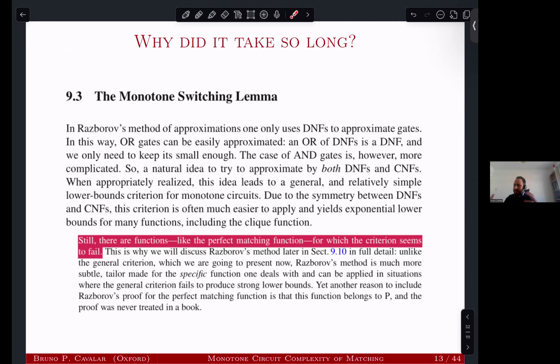And as Jukna mentions here in the textbook, you don't need to read all of this, but just the part I highlighted, this symmetric perspective captures every monotone function except perfect matching. So it seemed that perfect matching was this odd one out, which you could only show a lower bound for using Razborov's techniques and using a tailored method.